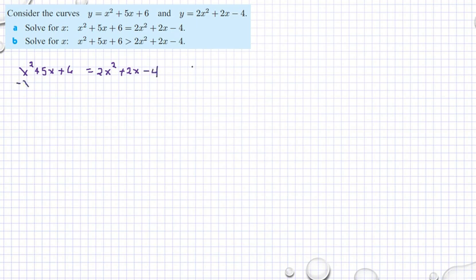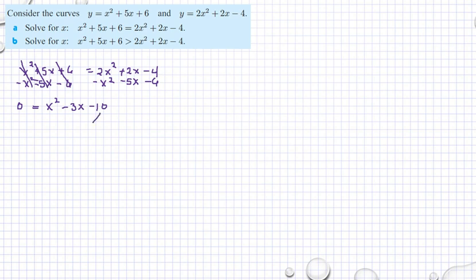If we subtract both sides of the equation by x squared, and then subtract both sides by 5x, and subtract both sides by 6, then the left hand side will be 0, is equal to x squared minus 3x minus 10.